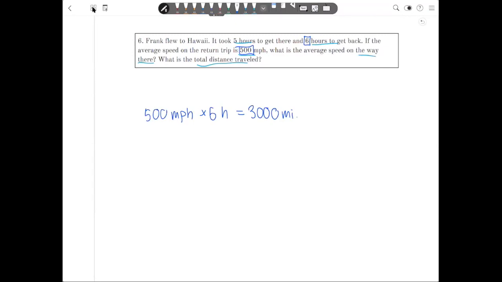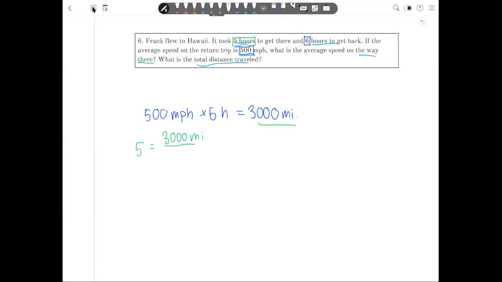Now we have to find the average speed on the way there. Well, of course we know it's going to take 5 hours to get there. And that means that time is distance divided by the speed on the way there, and we don't know what that is yet. So we have the 3,000 miles, and it takes 5 hours to get there, so T is 5.